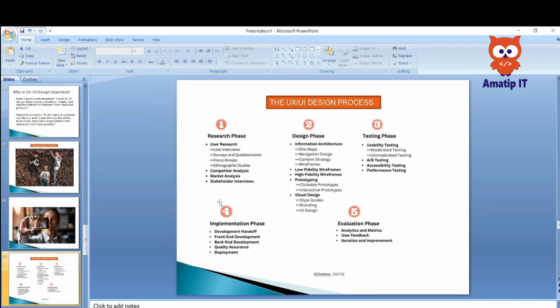Once that is different and the user is not satisfied with the product, definitely you lose the market. If the experience is not smooth, it's not good enough, you lose the market. So how do you carry out professional user research for your product? You will learn it practically in this training program.